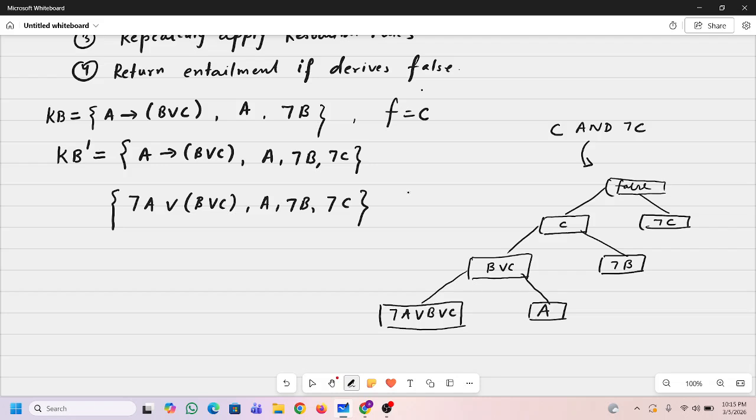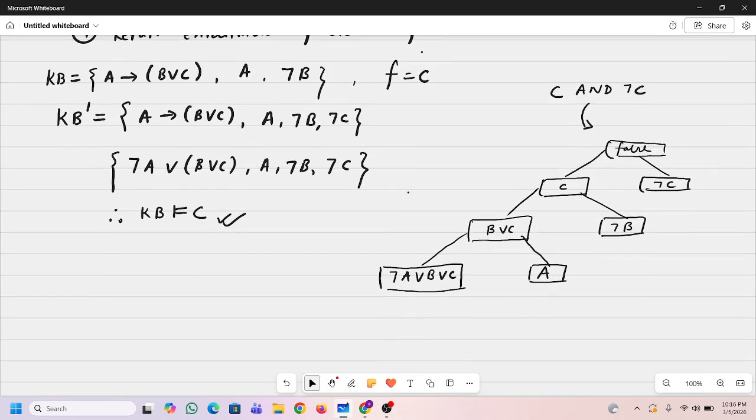Since it yields false, we can say that KB entails C. This is how we apply the resolution algorithm to prove something.